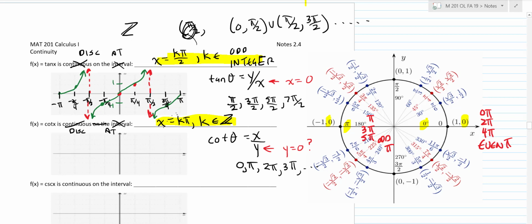Okay, so on the graph, let's just do the same thing we did, just so we can have in our notes a quick reminder of how this goes. The cotangent graph goes like this. You have a vertical asymptote at 0, at pi, and at negative pi, and so forth.